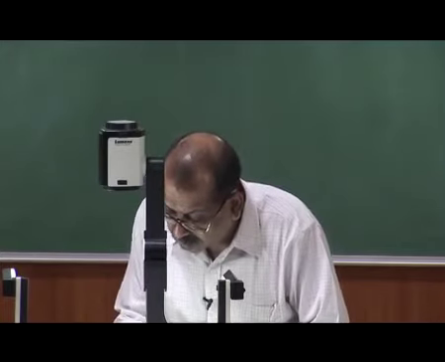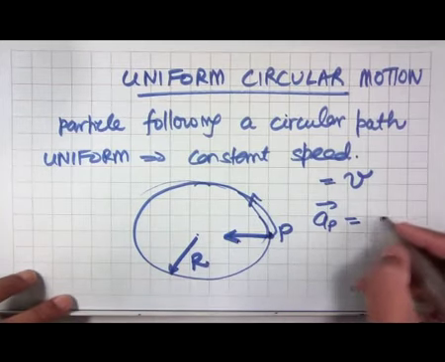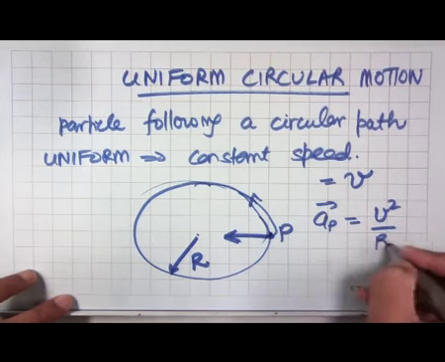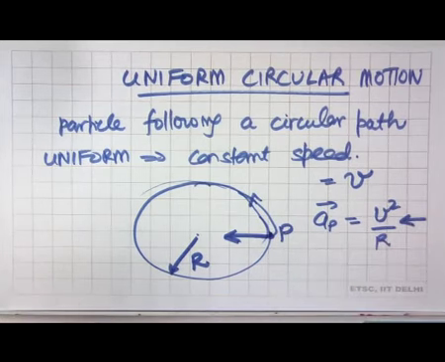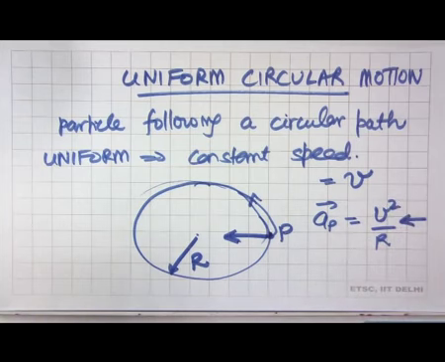The acceleration at point p will point toward the center of the circle, and this will be given by v square by r in a direction toward the center of the circle. So, this arrow here represents the direction of the acceleration. Its magnitude is the speed square divided by r.